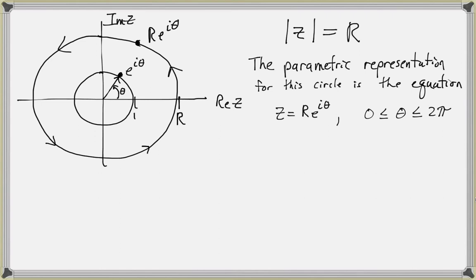Now, more generally, we have a circle centered at z0 with radius R. Then we can represent in rectangular coordinates as absolute value of z minus z0 equals R. Then we can add z0 to the parametric representation of the previous circle centered at the origin.